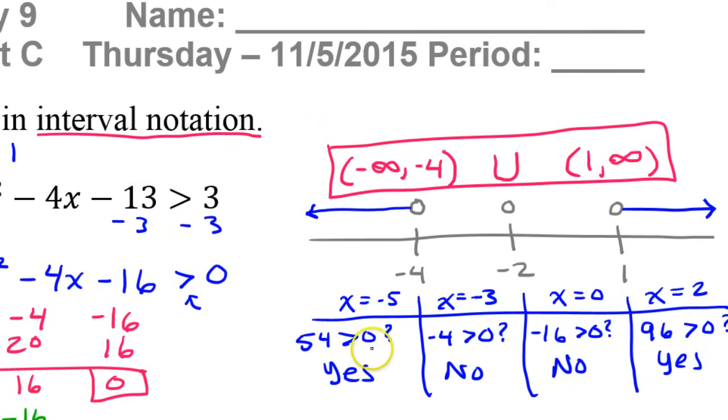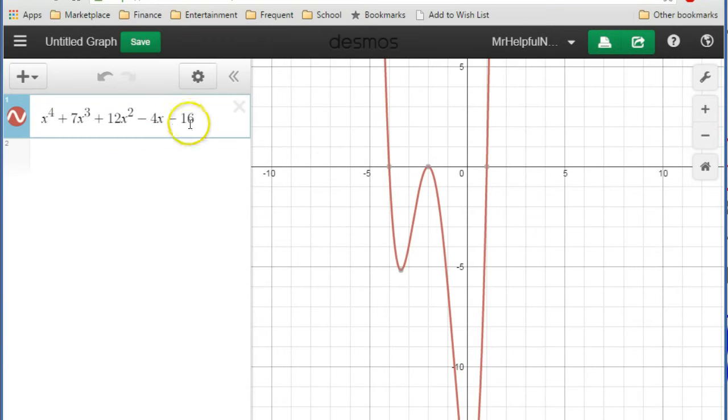Now just for fun, I'd like to glance at the Desmos app and see what this graph looked like. Here I've typed the function into the Desmos graphing calculator. Here's the x-axis, which represents a value of 0.